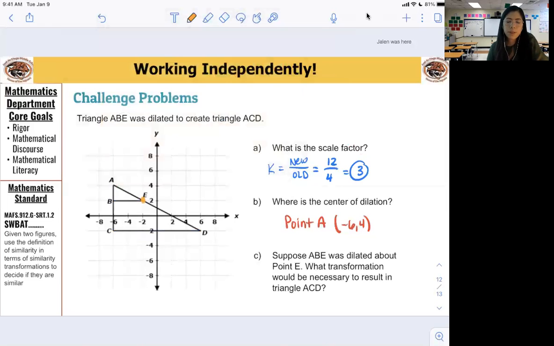If this triangle is dilated around point E, it would still be a scale factor of 3, but it would go this way. Does that make sense?